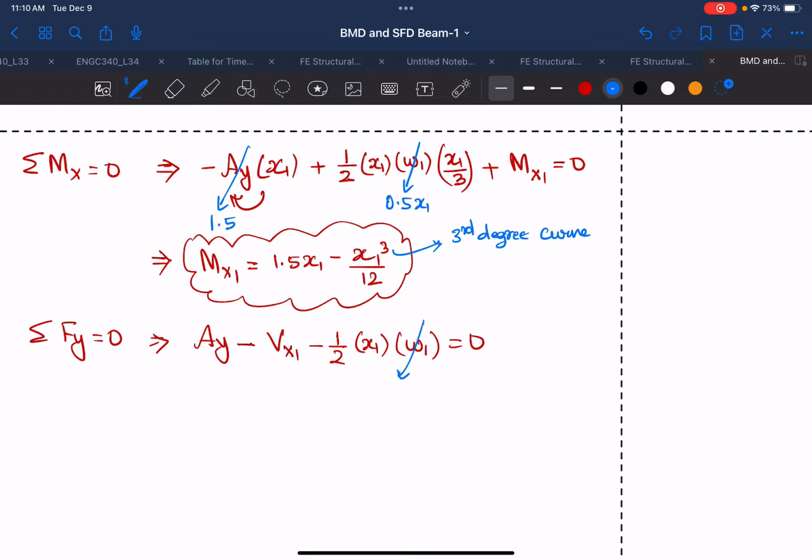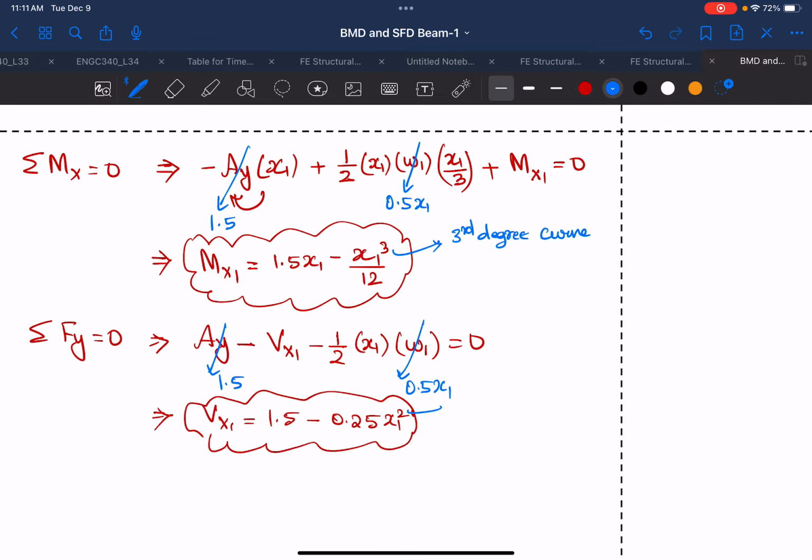And W1 we already have is 0.5 x1, and Ay is 1.5. So if you put all the values, you'll see that Vx1 will be equal to 1.5 minus 0.25 x1 square.